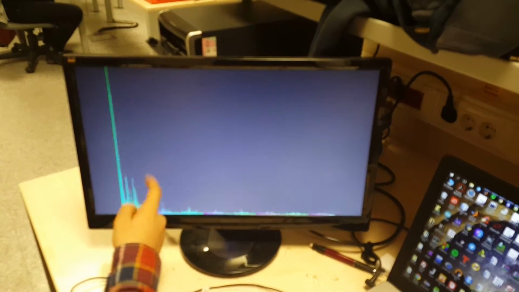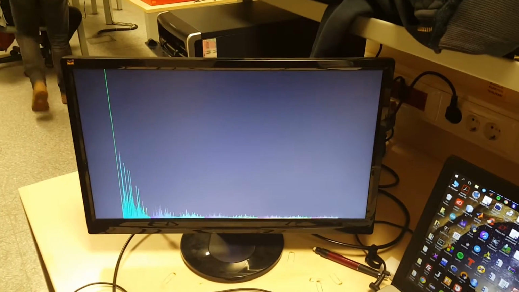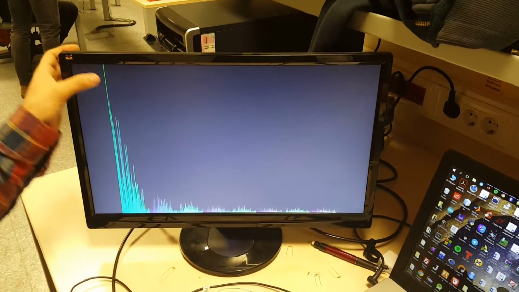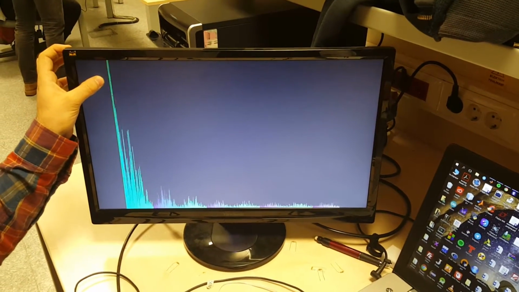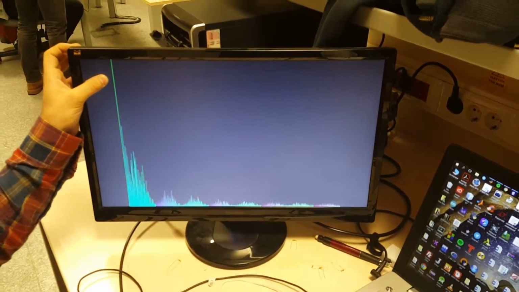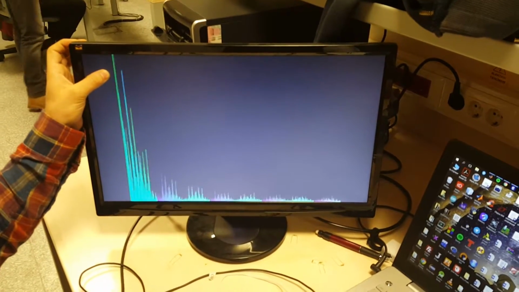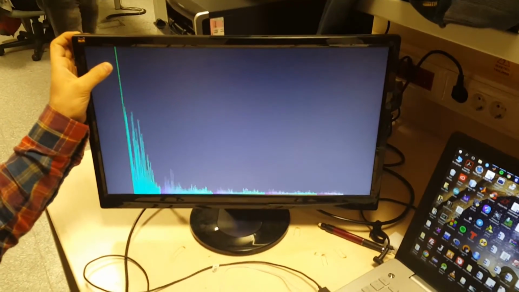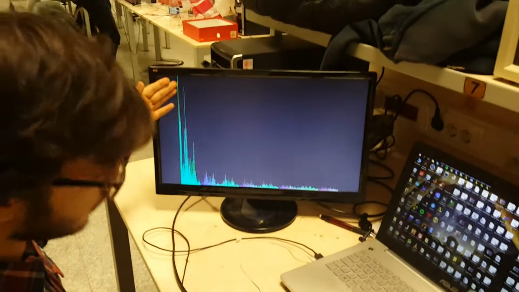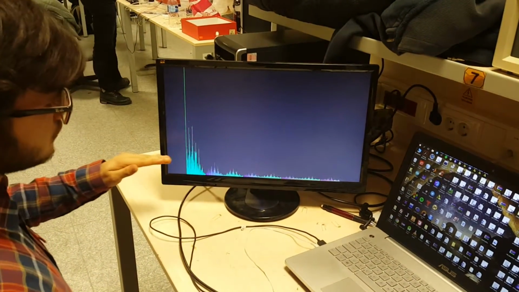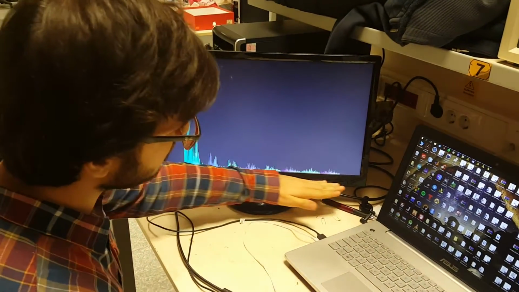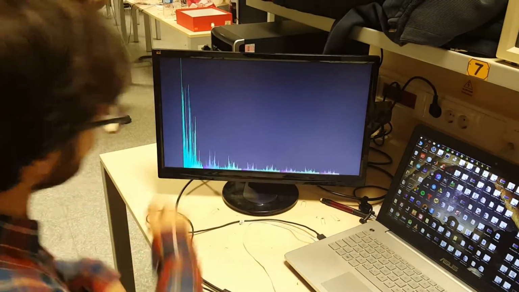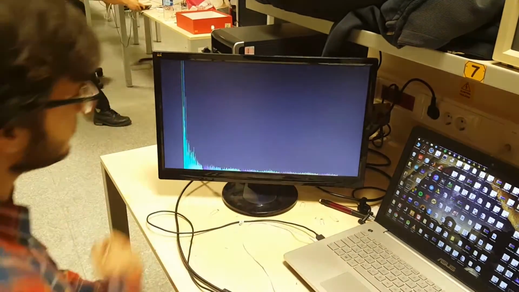Each line represents different frequencies. For example, the leftmost line represents the component with 0 frequency, which corresponds to the DC component. So it is a high DC component, and the frequency values increase like this, from 0 to 24.